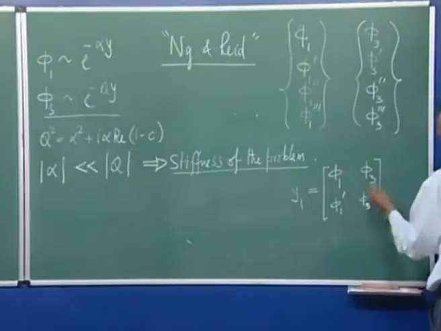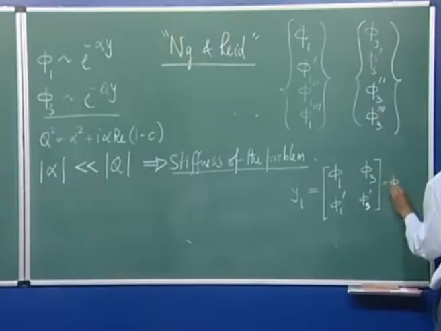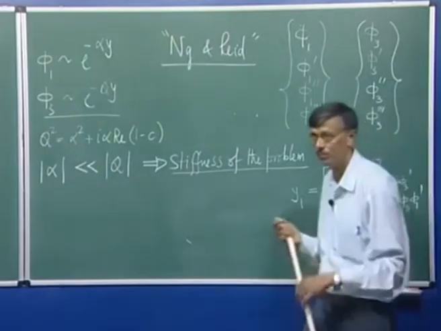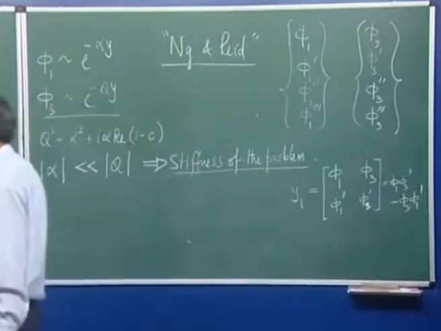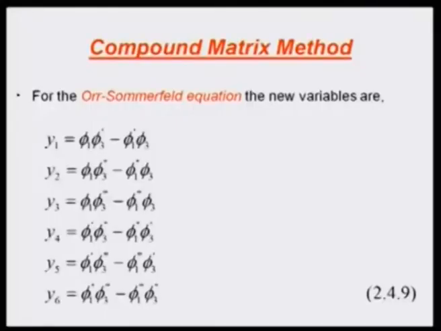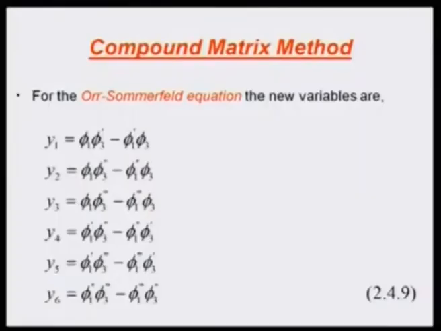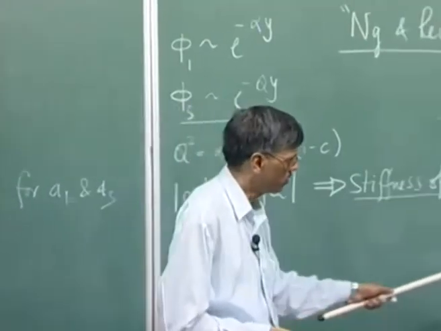So, this becomes phi 1 phi 3 prime minus phi 3 phi 1 prime. So, there you have it, phi 1 is this. Now, you can see that if you go outside the shear layer where phi 1 and phi 3 go like this, what happens to this?